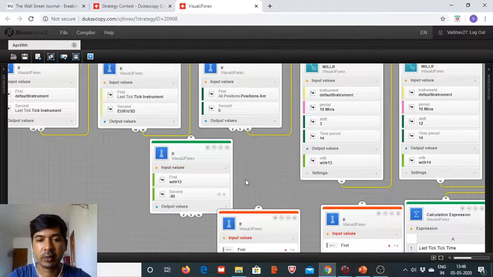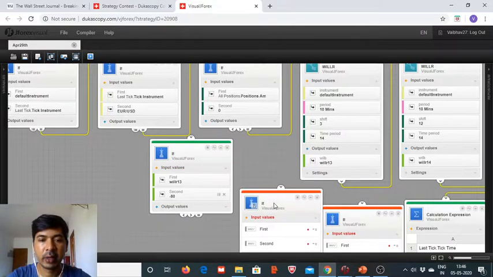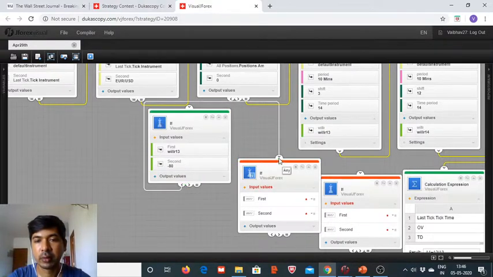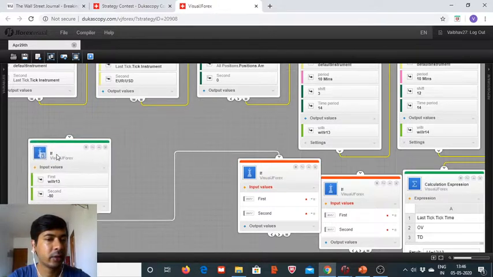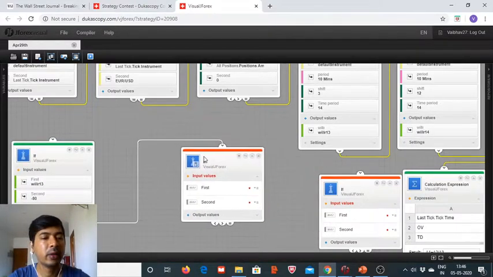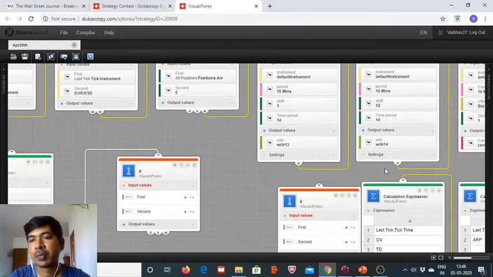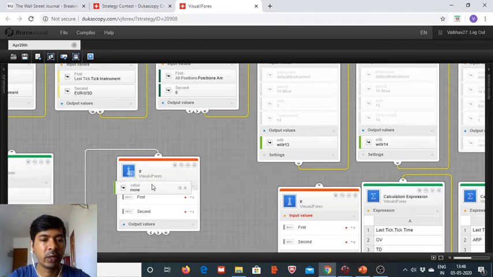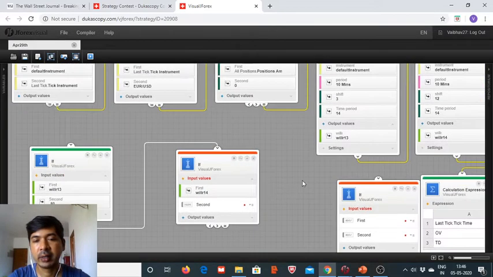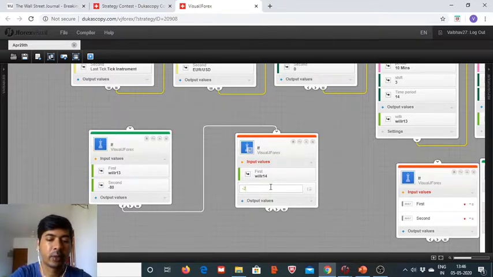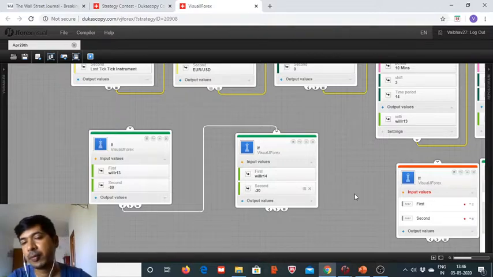So we define that, and it should be less. So we take this first input less than second input. I hope you understand what I have done. Then we go back in time and we take Williams R14 and again we compare. As I said, we need its value to be above minus 20, and these are in minus because the scale is inverted.